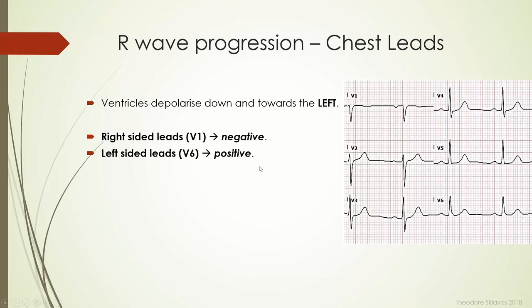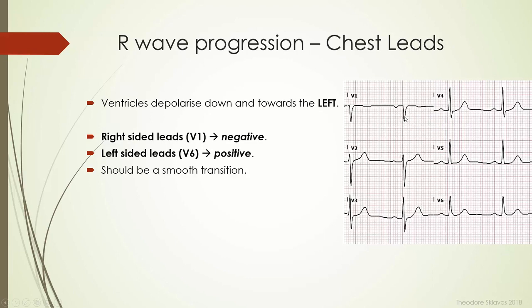At the same time, we're depolarizing towards the left-sided leads, so V6 should be positive. Now, when we say R-wave progression, all we really mean is that there's a gradual, smooth transition between the negative V1 and the positive V6, and you can see that really nicely in this example here.